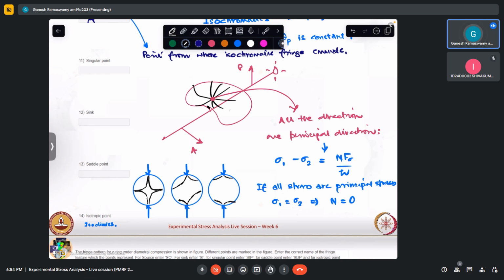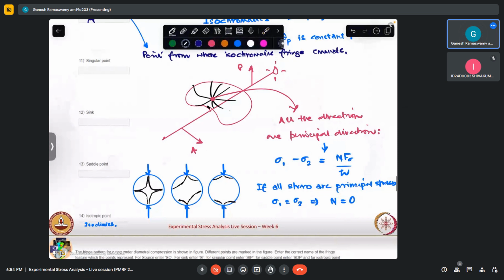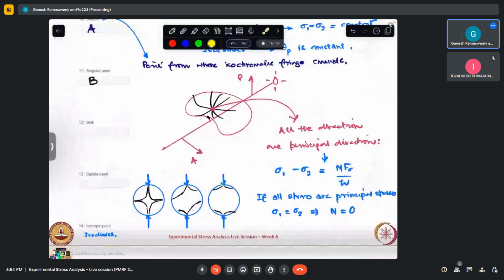So we are able to see that all the isoclinic fringes cross at this point where it is loaded. So an isotropic behavior at a point which is loaded signifies that that point is a singular point. So this is also related to isoclinics.